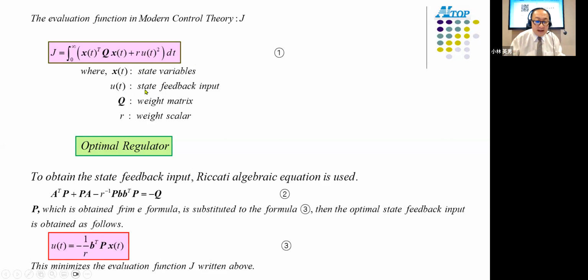And this is the state feedback input, given to control the moving object. So the first term is the situation's movement. The second term is to control the first term. Input u(t) is given to control the movement. And this is the content of J, the evaluation function.